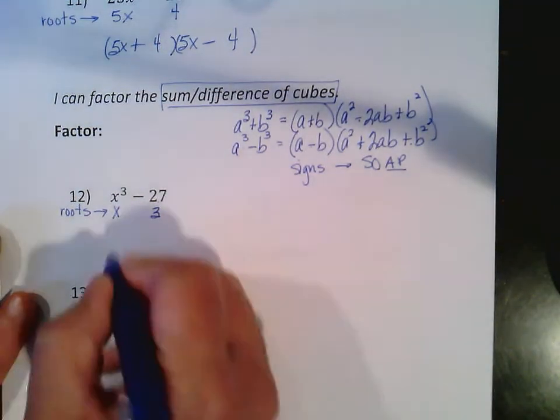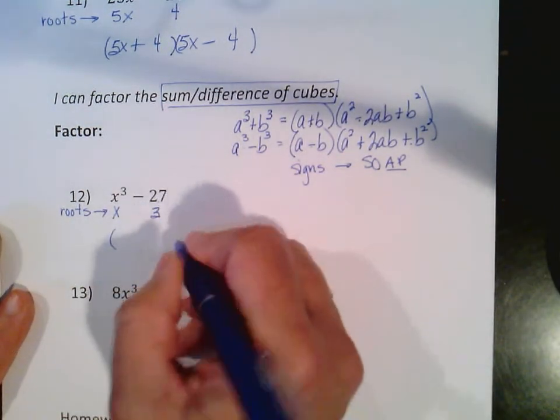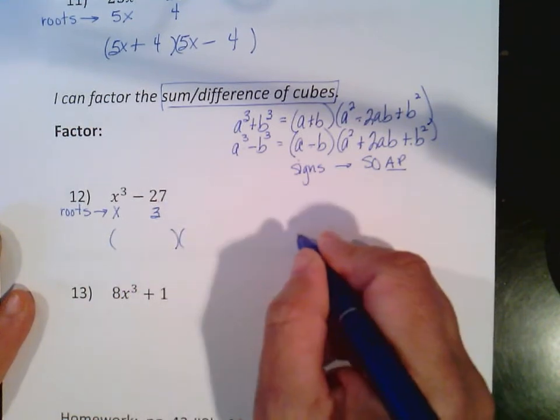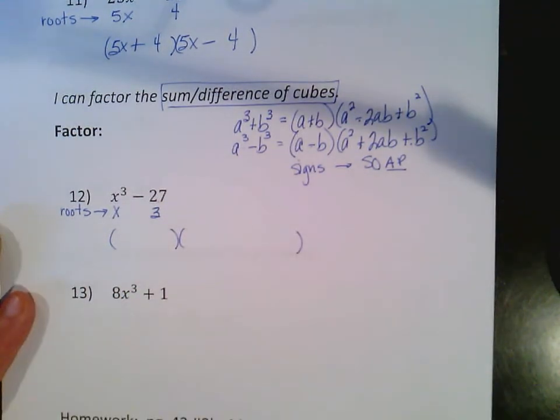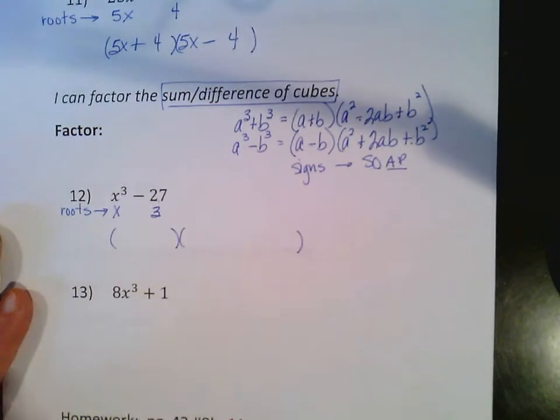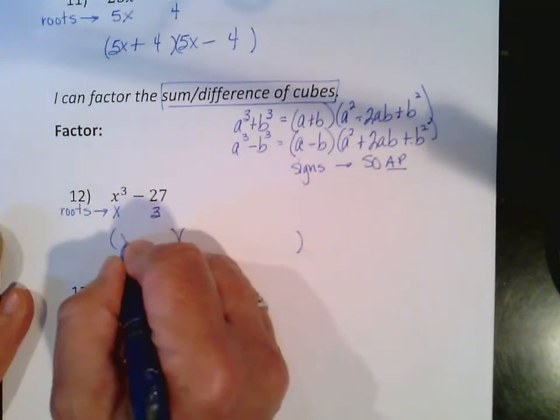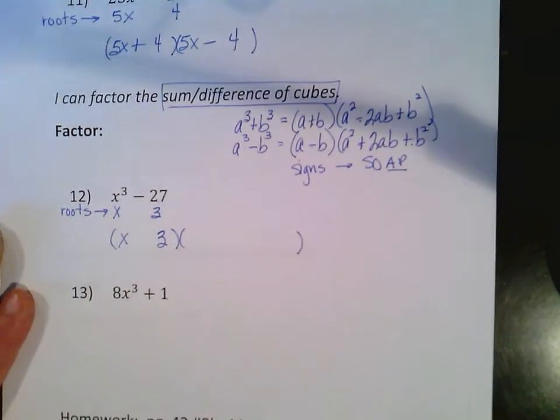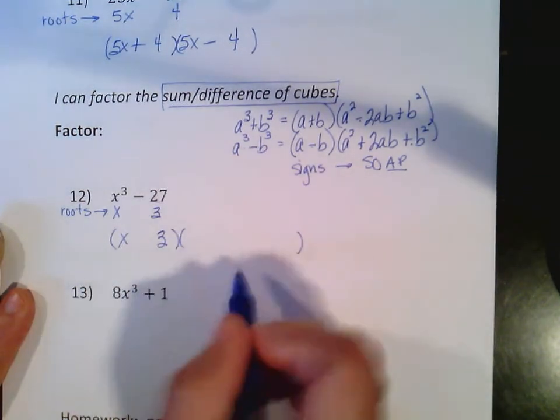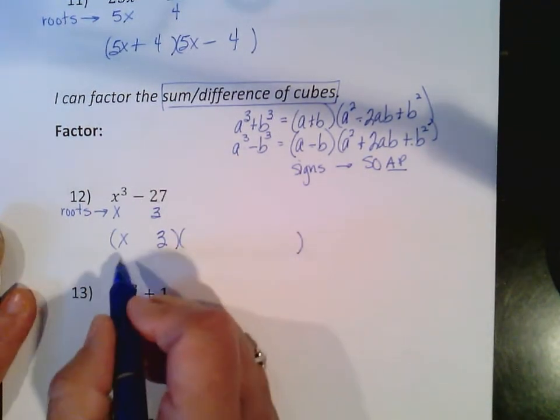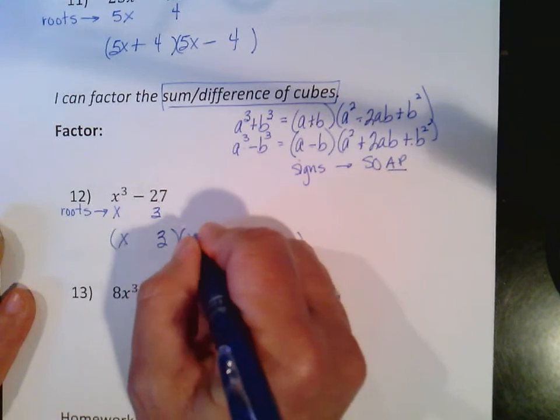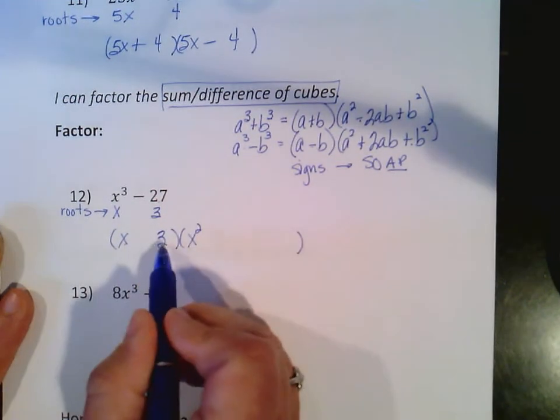So when I have a sum or difference of cubes, I'm going to have a binomial and a trinomial. And I put the parentheses in first. And the binomial gets the roots. Just like in difference of squares, the roots go in the binomial. What's different is the trinomial. Whatever this first root is, you square it, and that's your first term.